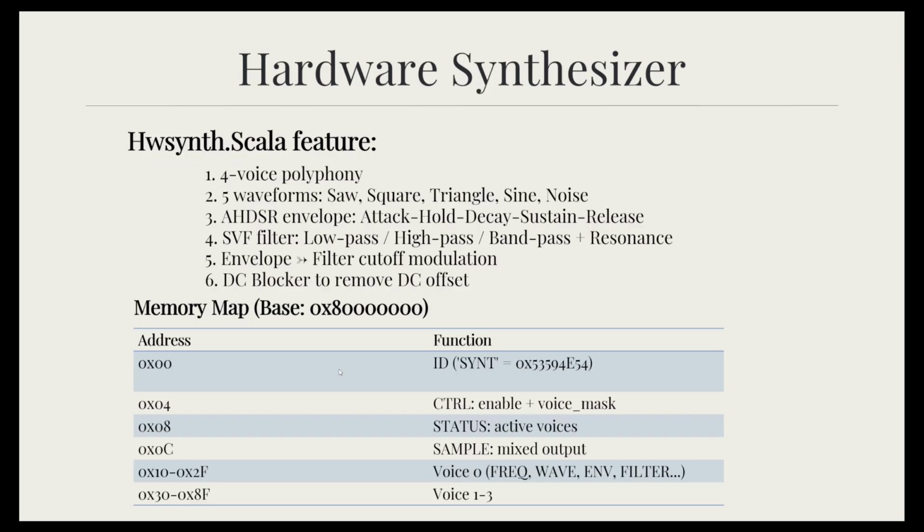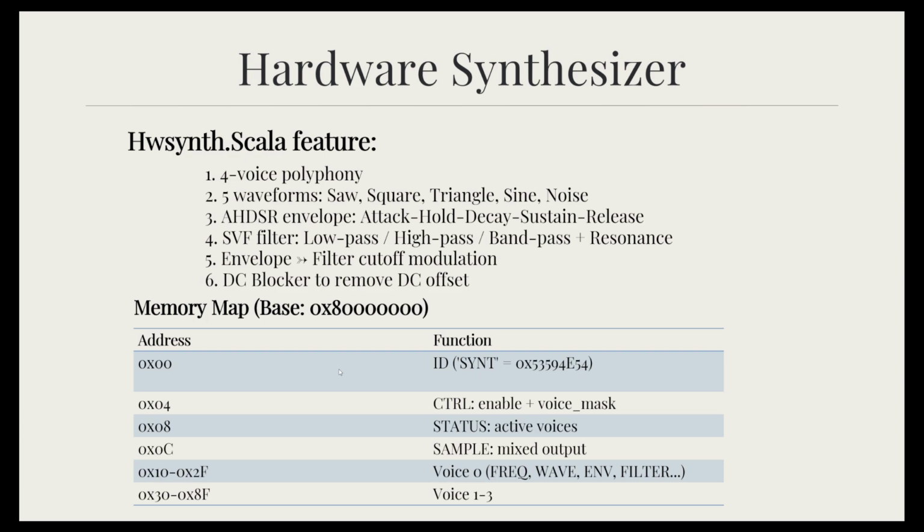On this slide, I introduce the hardware synthesizer. It supports 4 voices and 5 waveforms. It also includes an envelope, a state variable filter with resonance, envelope control for filter cutoff, and a DC blocker to remove DC offset. From the software side, it is a simple memory-mapped device.